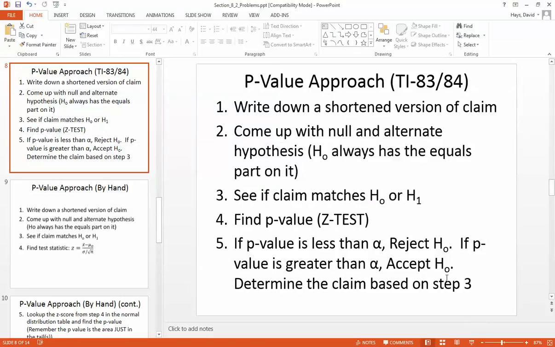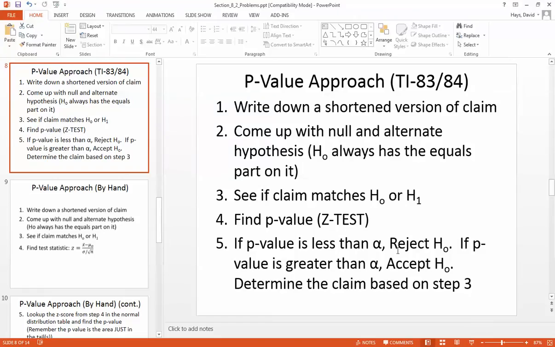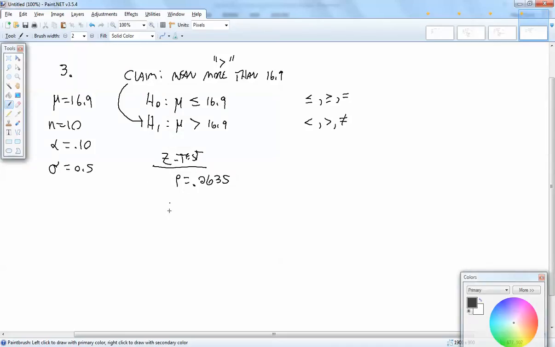So the p-value is greater than alpha, so we're going to accept H naught. And if we accept H naught, that means we're going to reject H1. And since the claim matches H1, whatever we say about H1 is what we say about the claim. So that means we'll reject our claim.